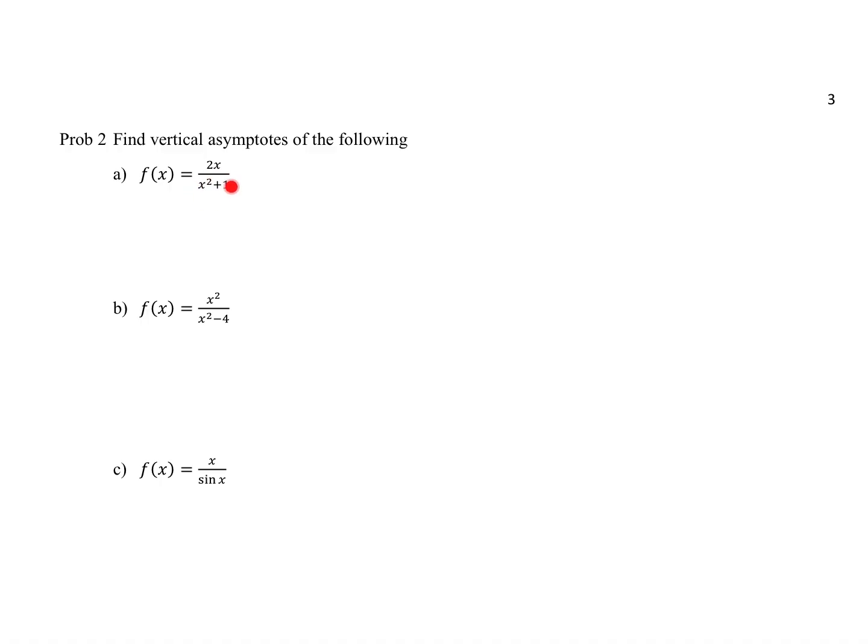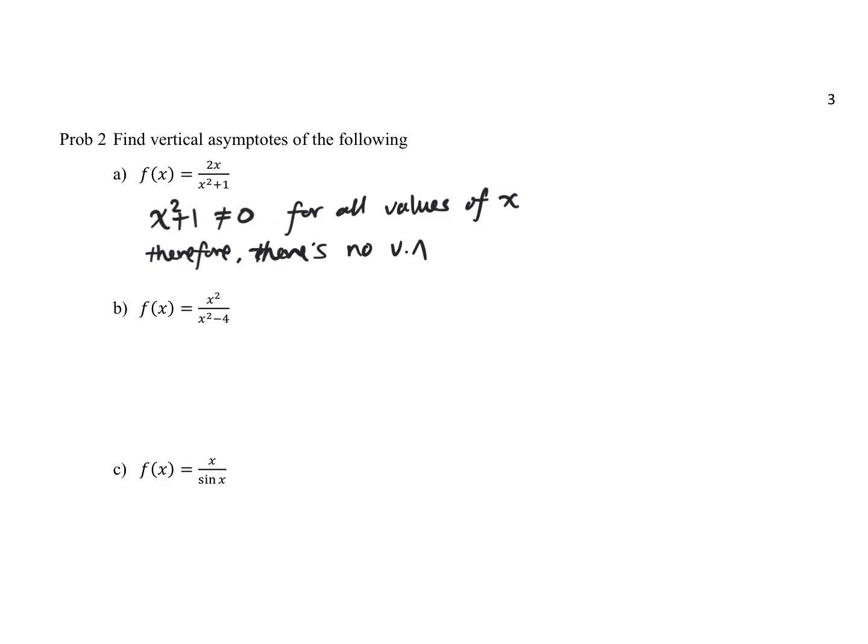So here, because x squared plus 1 will never be equal to 0 for all values of x, therefore we don't have any vertical asymptote for this particular function.